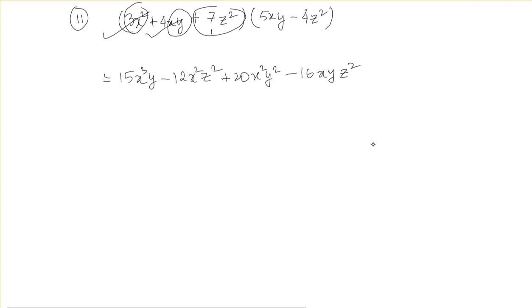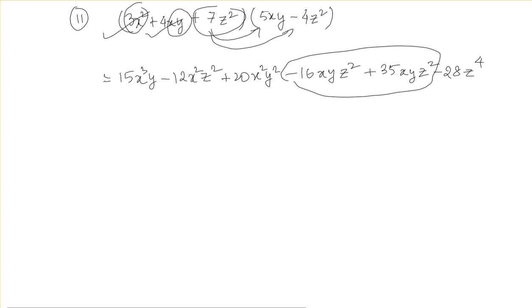Now 7z square times 5xy, so plus plus, that is plus 35xyz square. Now minus 28 z raised to the power 4. This is 19xyz square.